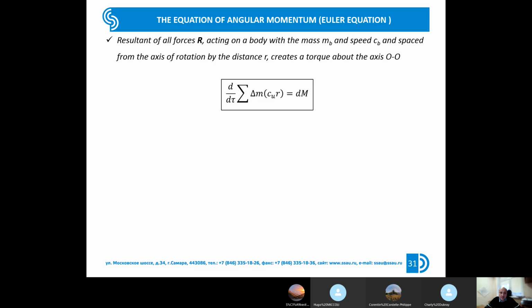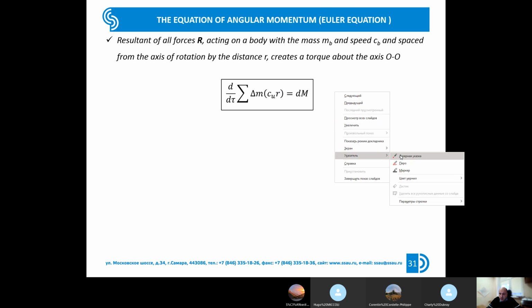From this course, you know that the resultant of all forces acting on a body with mass m, moving with speed c, and spaced from the axis of rotation by distance r, creates a torque about the axis of rotation, and you can calculate this moment using this equation.